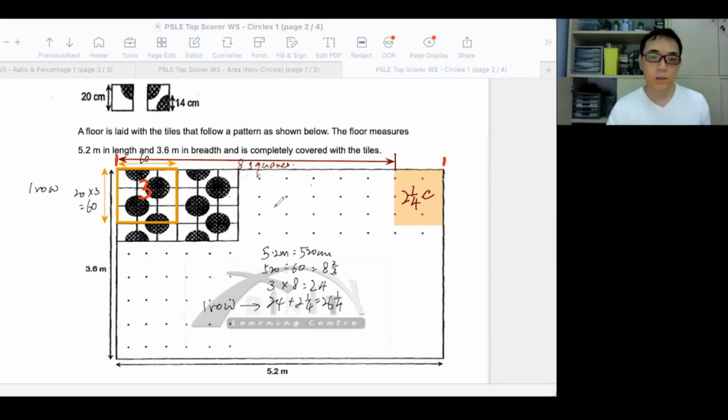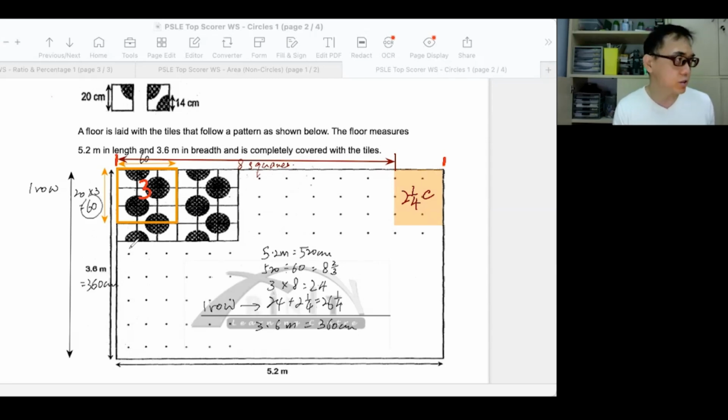So how many rows are there from here to here? Yiwei, what is the length of 3.6 meters in centimeters? And in order for me to find the number of rows, what should I do? This is 360 centimeters. One square has 60 centimeters.